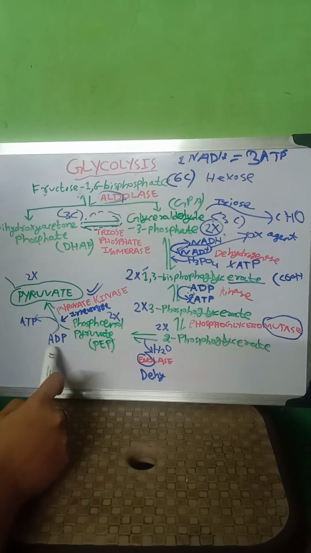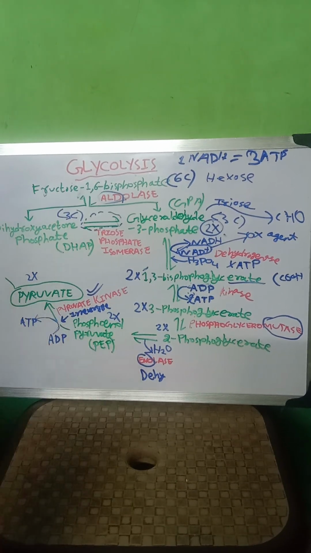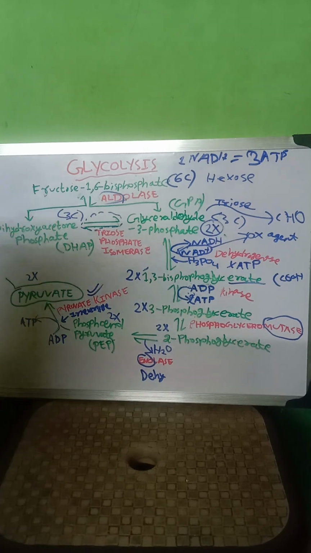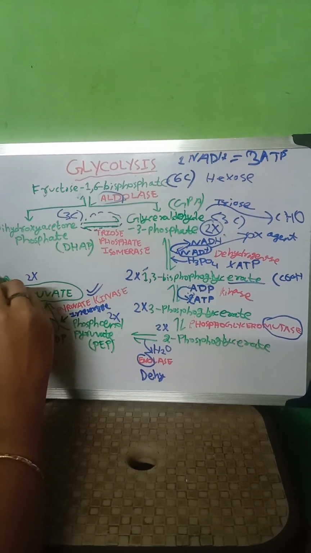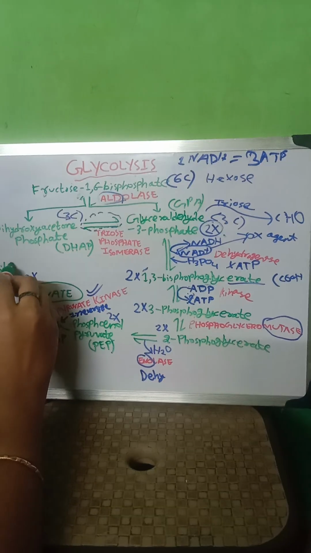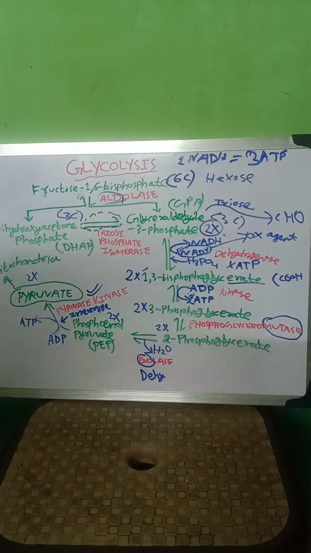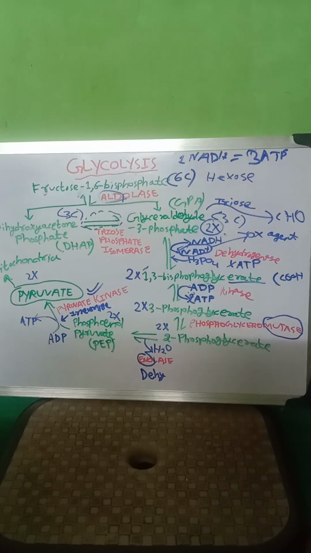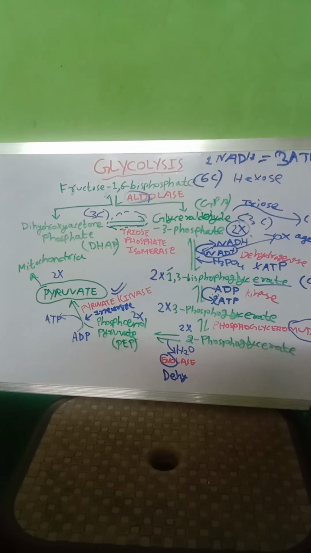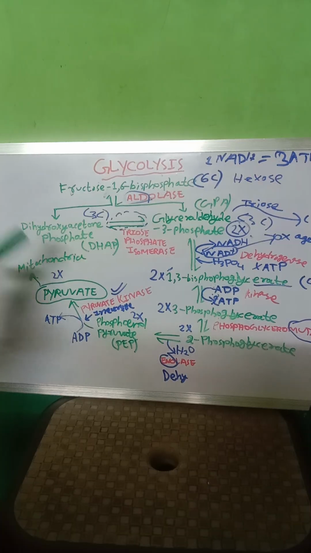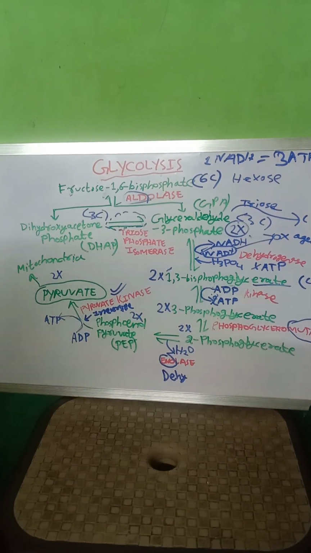So this ADP is converted to ATP and pyruvate, and then pyruvate goes to its fate in mitochondria. It goes to mitochondria for oxidative decarboxylation, the Krebs cycle.